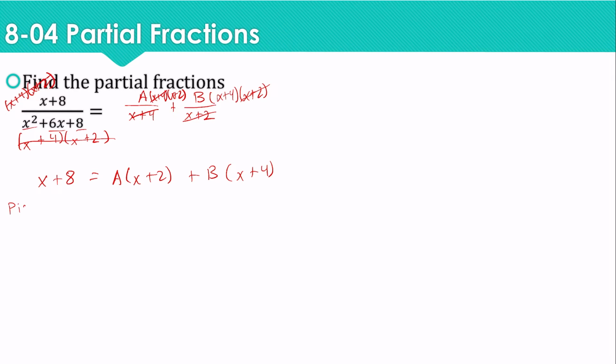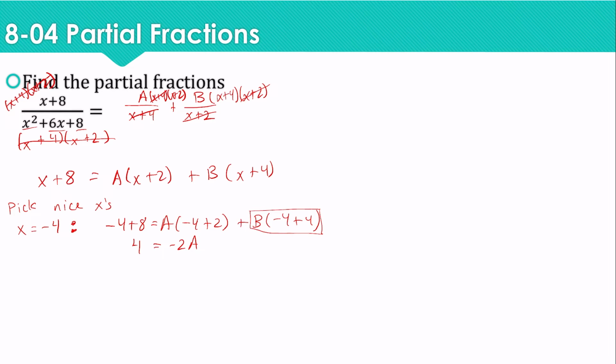We can pick convenient values of x, such as if x was -4, B would disappear, be eliminated, and I could find A. So if I plug in -4, I'll end up with 4 equals -2 times A plus all that becomes 0. That's why it's so convenient. And you can tell now A is -2.